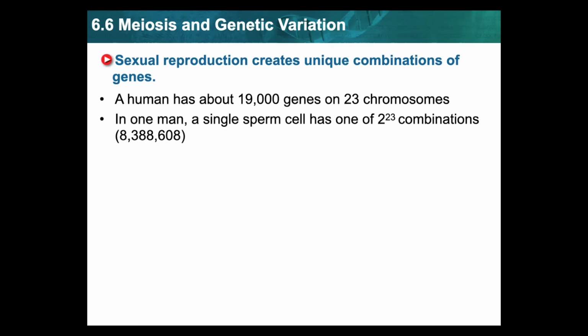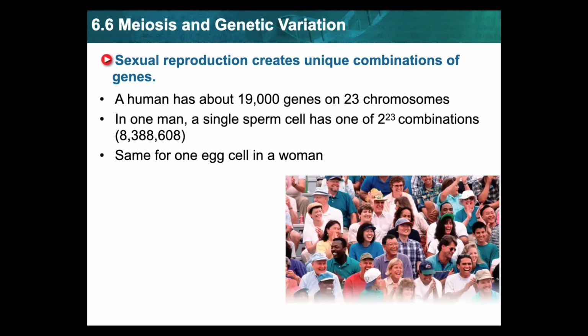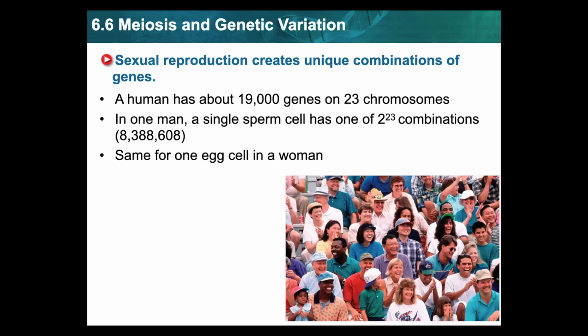So in one person, in one man, a single sperm cell has 8,388,608 combinations of genes. And that's the same thing for an egg cell in a woman.